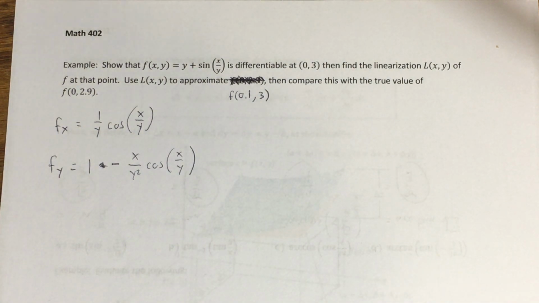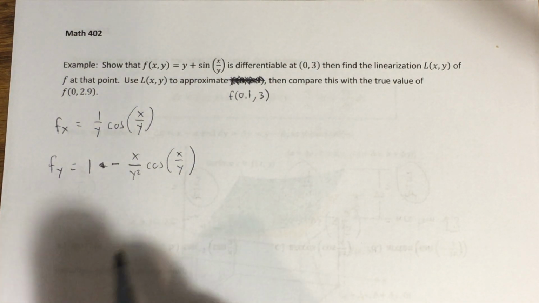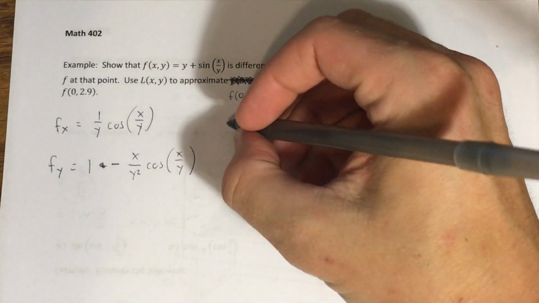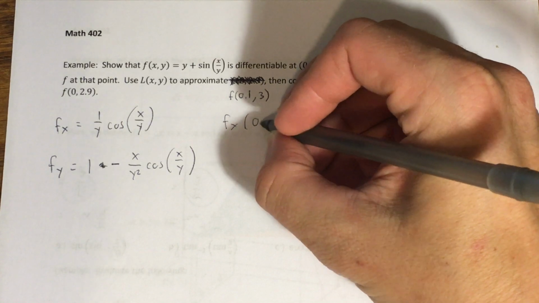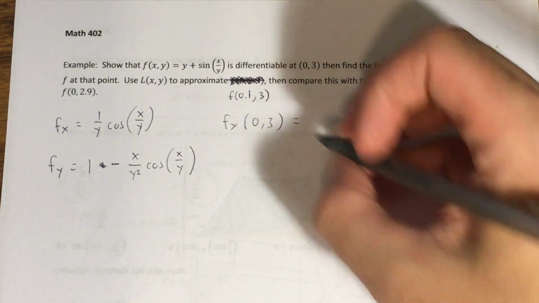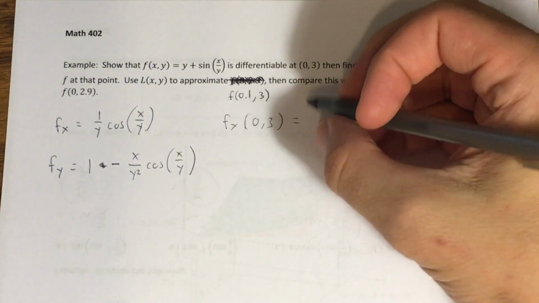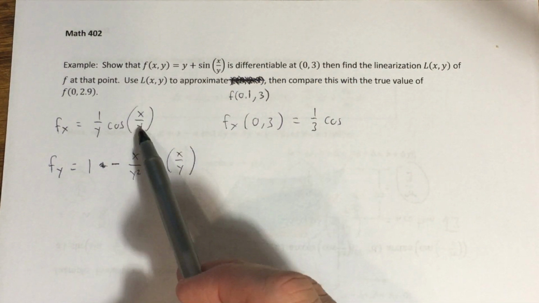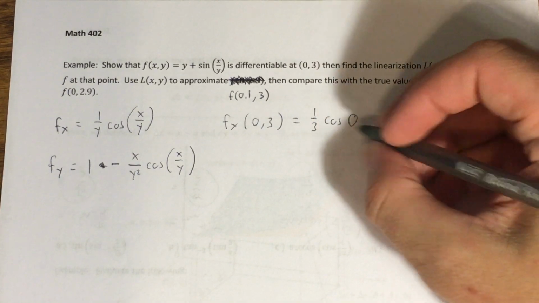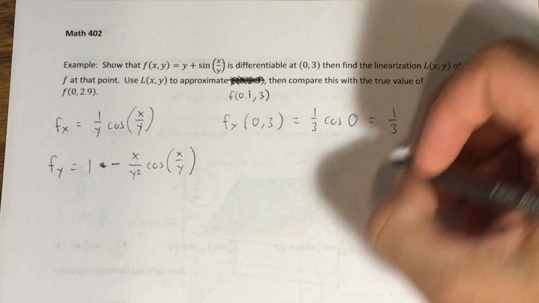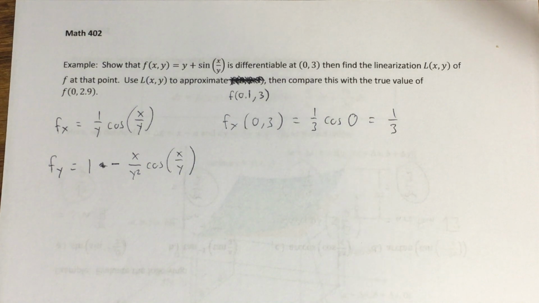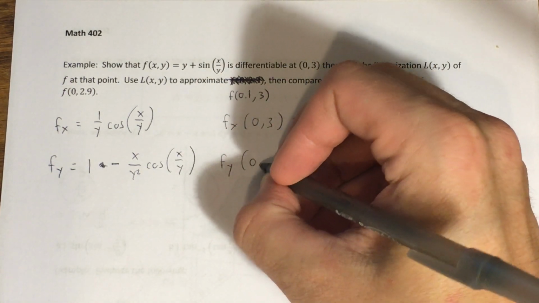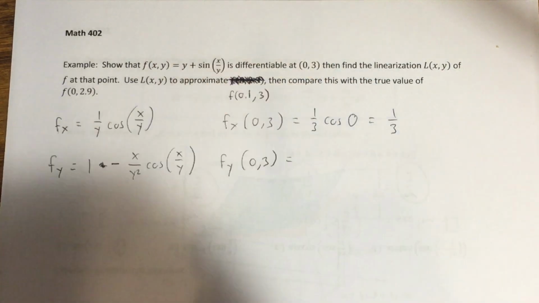Okay? So now that I have these, we need to evaluate each one of these at this point. What is fx of (0, 3)? Well, that would equal 1/3 times cosine of 0 over 3, or cosine of 0, which is equal to just 1/3. I also need fy of (0, 3).